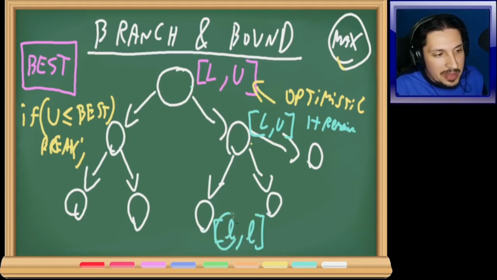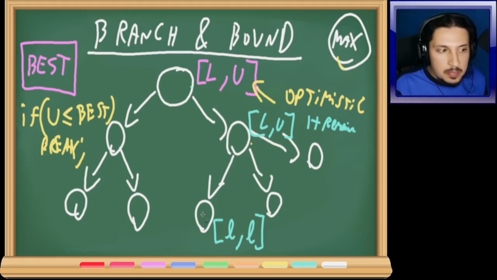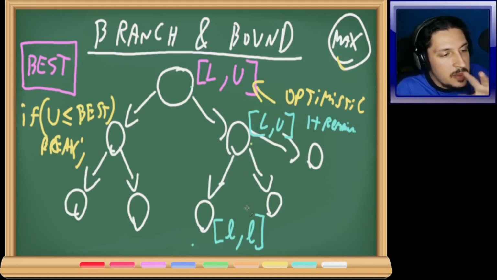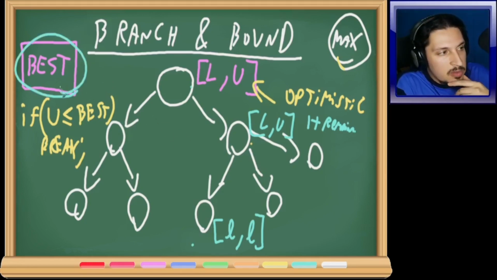So this is one place where you definitely have a value for L, for the lower bound. Whenever you have a value for the lower bound, be it in the leaf nodes or up the tree, doesn't matter, anytime that happens, you check against best, the global variable, and if it is better, you update best. So that is the idea.